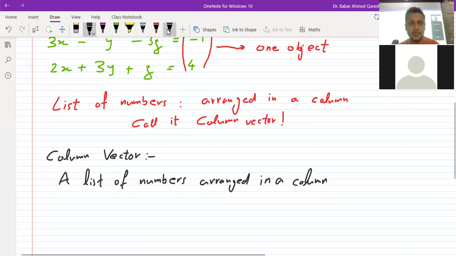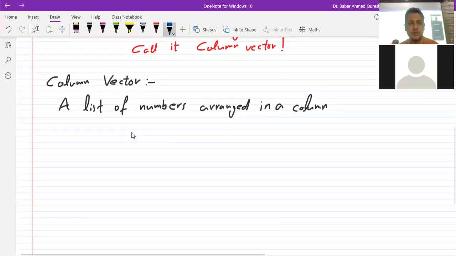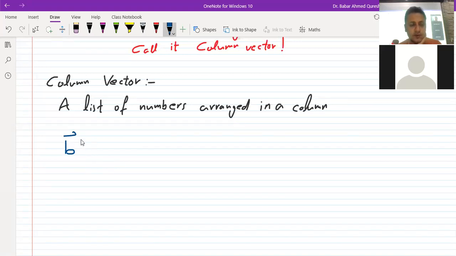And I will have very specific symbols for it. They are slightly different from the book, because the book denotes them by bold letters. I can make bold letters here, but I am denoting these column vectors with an arrow. And to save a stroke, I'll just make the arrow with only one spike.